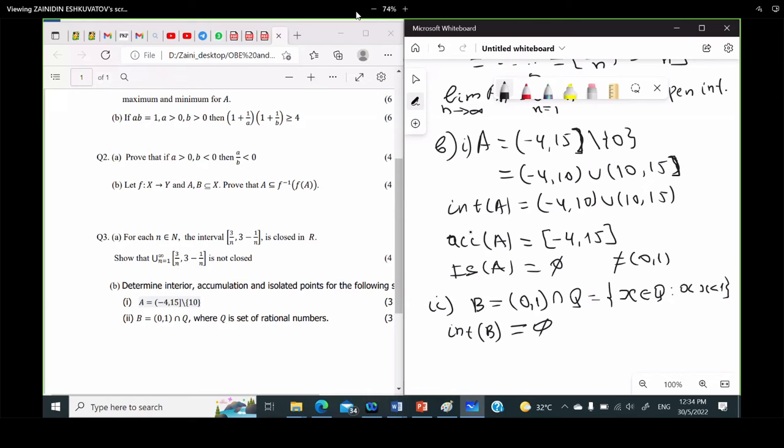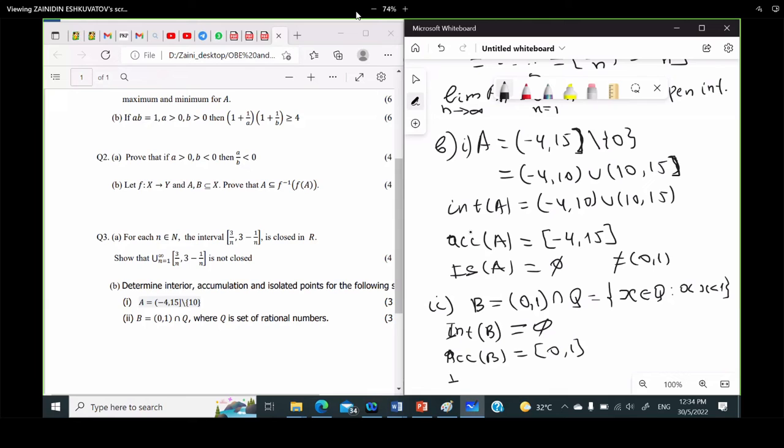Okay, accumulation points. The accumulation set is 0 to 1 because the set A plus A prime is the set of accumulation points. So it is 0, 1, all the points included.